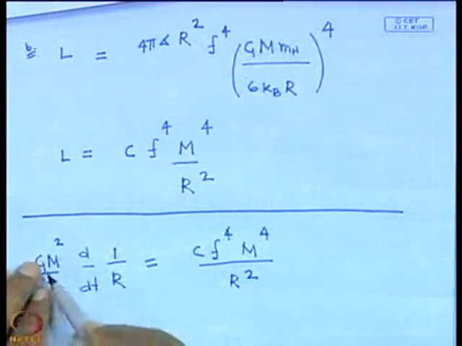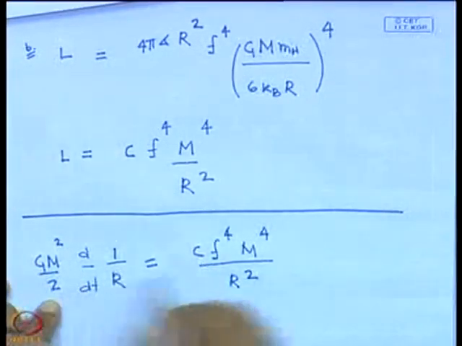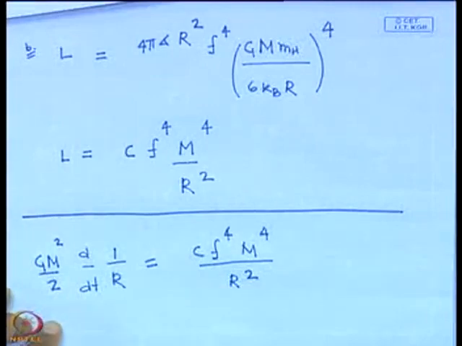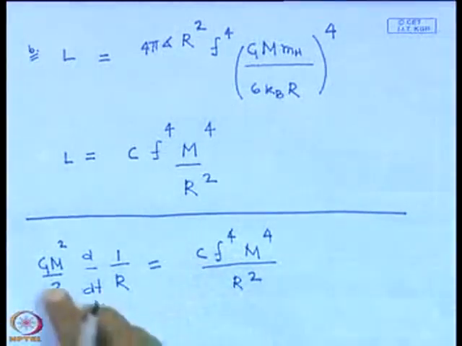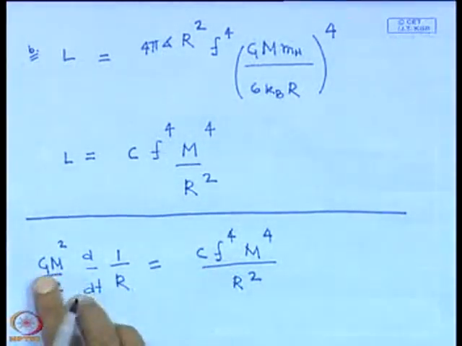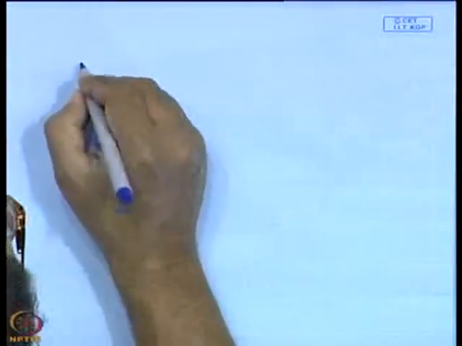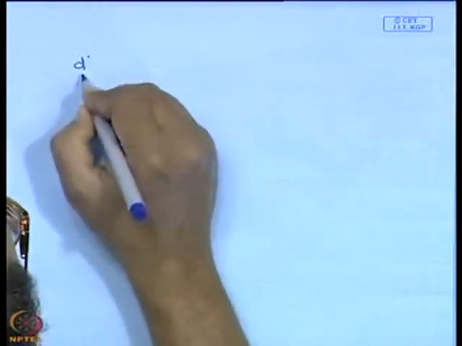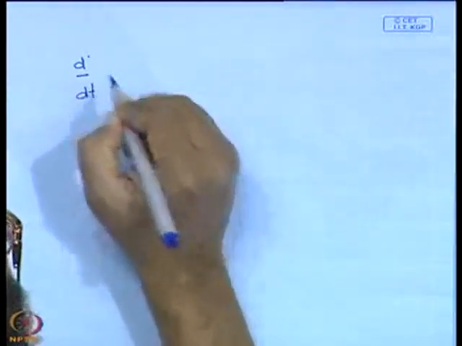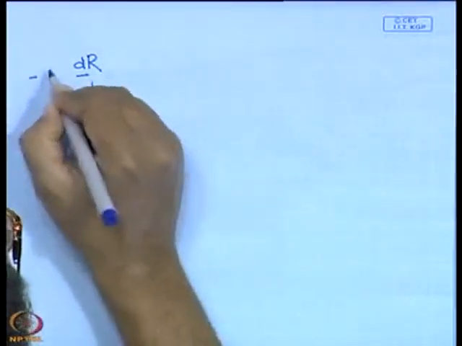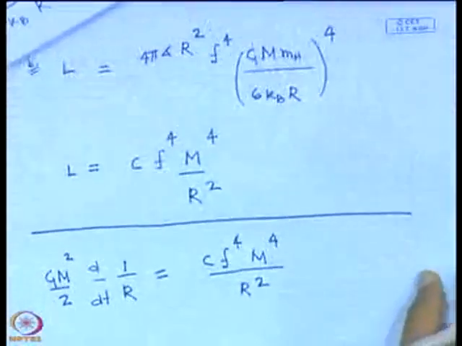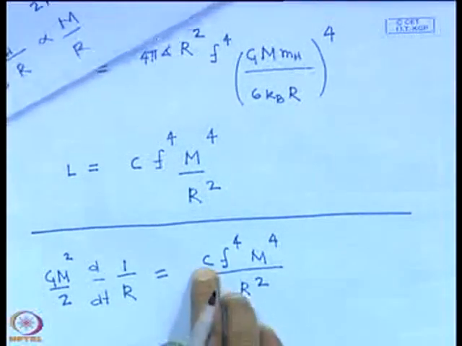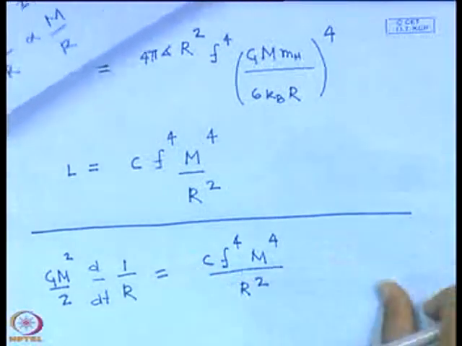So, I can absorb these coefficients G m square by r into this constant c and redefine another. So, I can have another constant which is 2c by G m square by G, basically 2c by G, and what I will get is that d by dt of r, minus 1 by r square is equal to, so this was c, let us call it c bar.